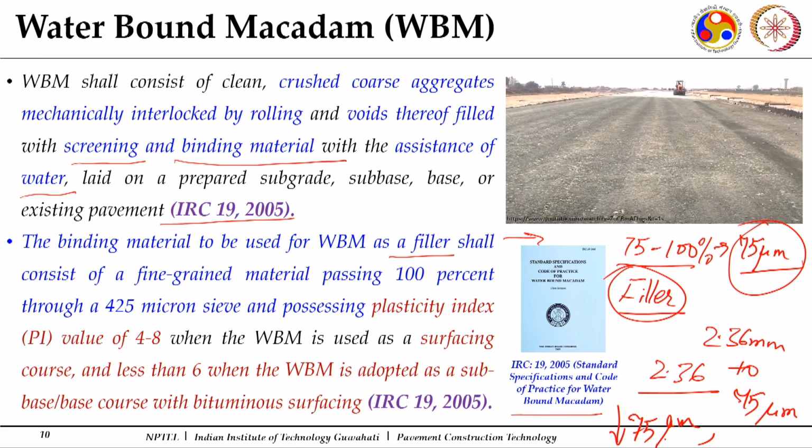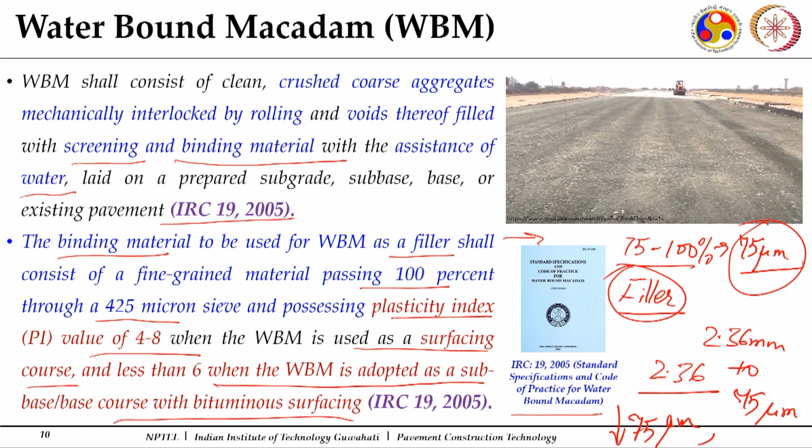So, it says what materials are to be used if you put a binding material also: passing 100% through a 425 micron sieve and possessing a plasticity index value of 4 to 8 when the WMM is used as a surfacing course, and less than 6 when it is adopted as a subbase.